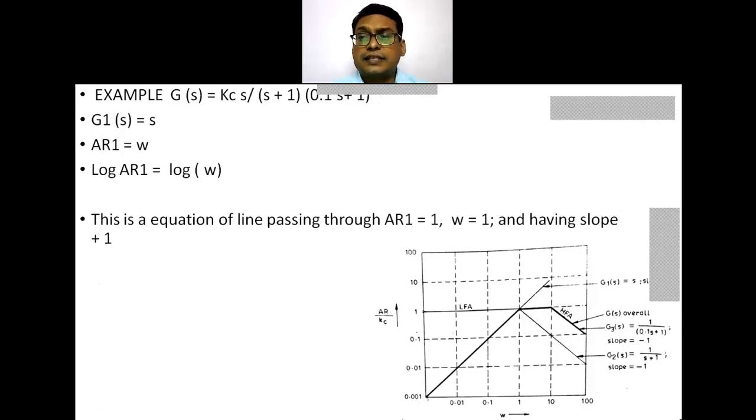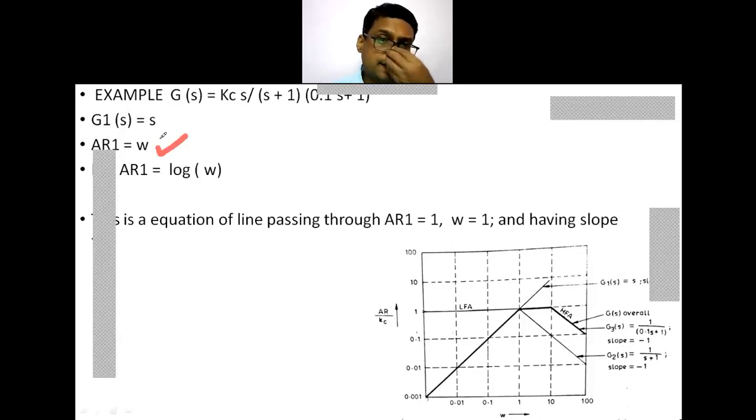So G1(s) is nothing but s. So the amplitude ratio AR1 is equal to omega, since tau is only 1 in this case, so omega s is equal to 1.